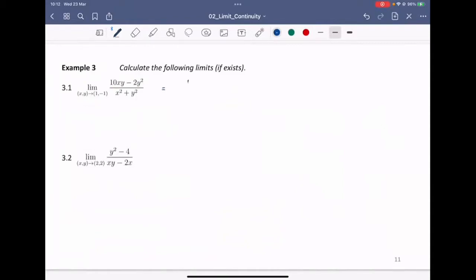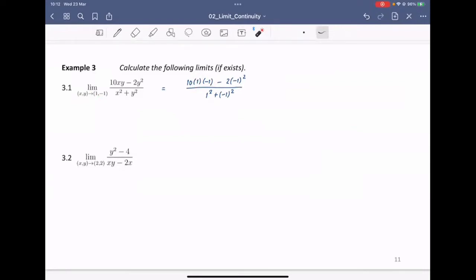So it's going to be 10 times 1 times -1 minus 2 times (-1) squared, over 1 squared plus (-1) squared. Well, this is valid by just plugging in x equal to 1, y equal to -1. It's okay to do that.